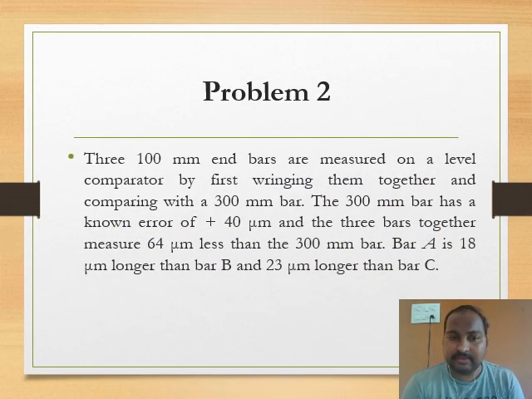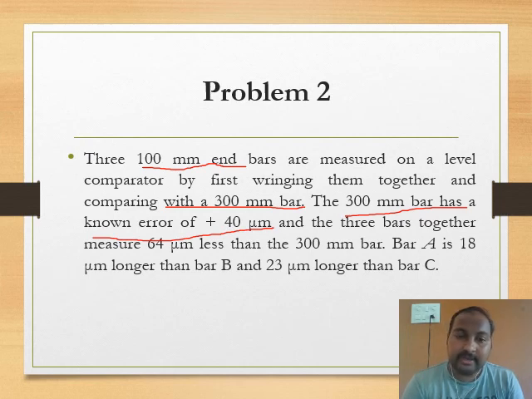Here there are three end bars, 100 mm each, measured on a level comparator, but they are first rung together. On comparing with the 300 bar, the 300 bar has a known error of plus 40 microns. So 300 plus 40 microns is the actual length of this 300 bar.